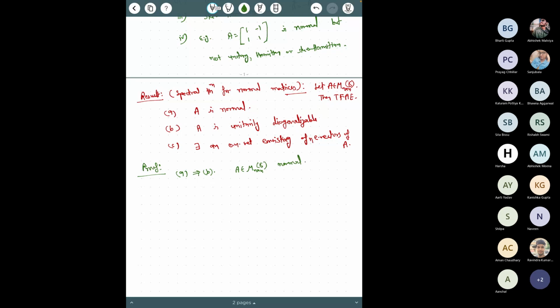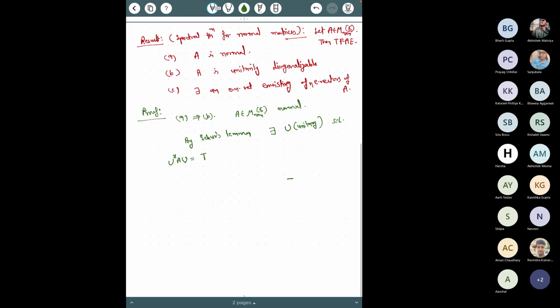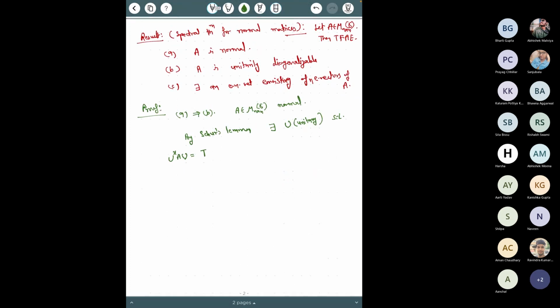Now what we know by Schur's lemma is that there exists a unitary matrix U such that U star AU is upper triangular. This we know. Let us denote this matrix by T, with entries t_ij. This is upper triangular.